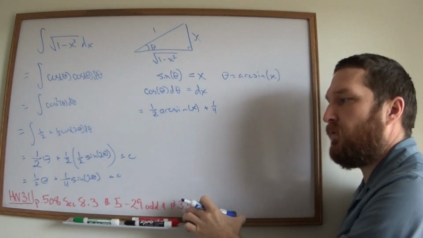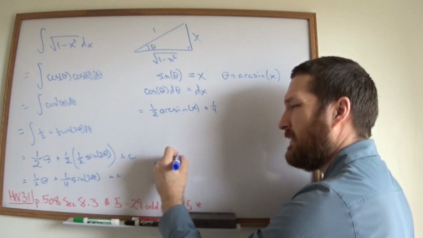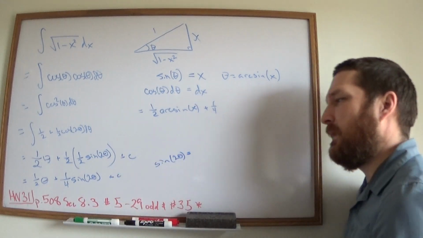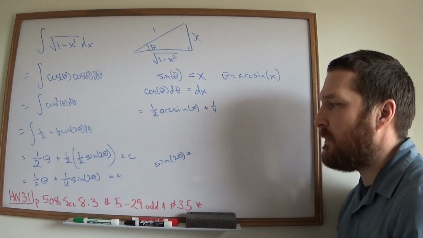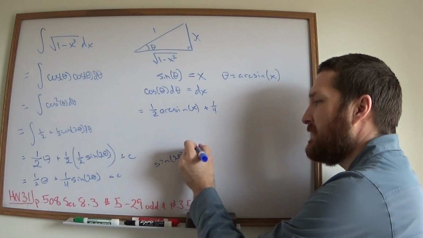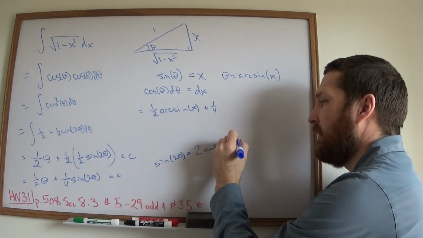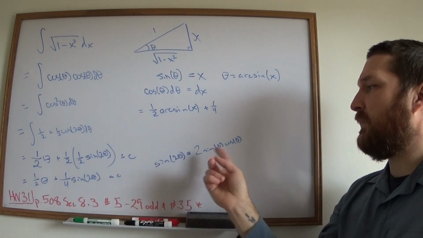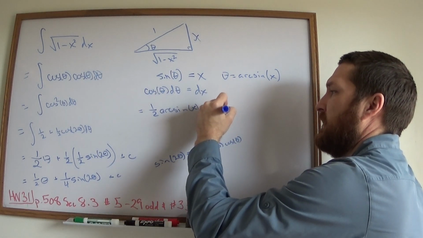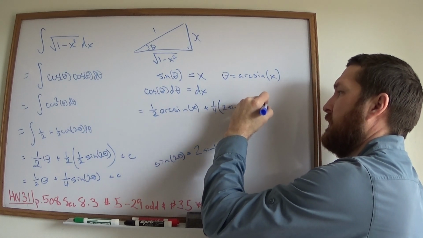Or you could remember your trig identities and say, can I rewrite sine 2 theta as something? Yeah, this is one you're going to want to remember too. Sine 2 theta is the same thing as 2 sine theta cosine theta. So I'm going to replace sine 2 theta with 2 sine theta cosine theta.